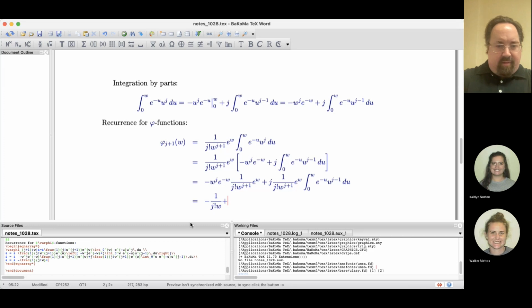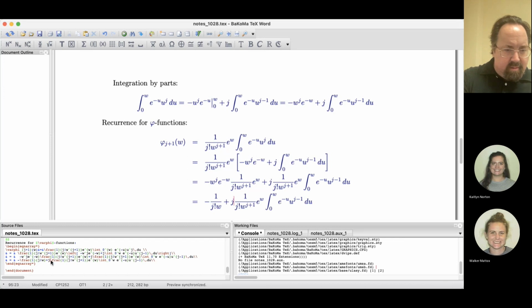Plus, so when I simplify this, j over j factorial will simplify to j plus 1 factorial down below. And then I'm going to take one of these factors of w and set it aside.